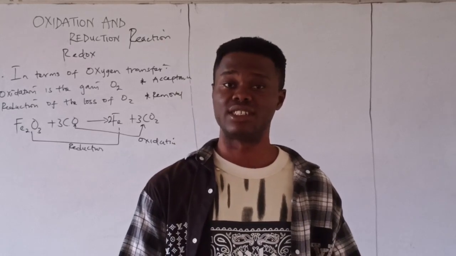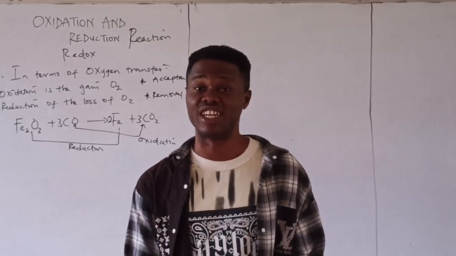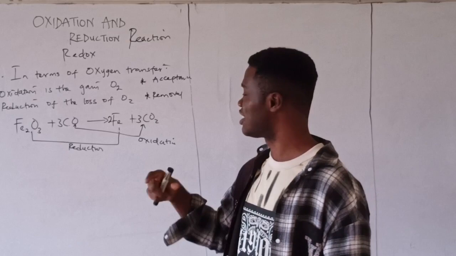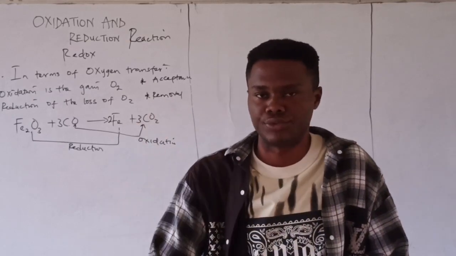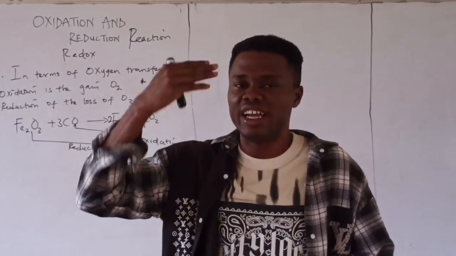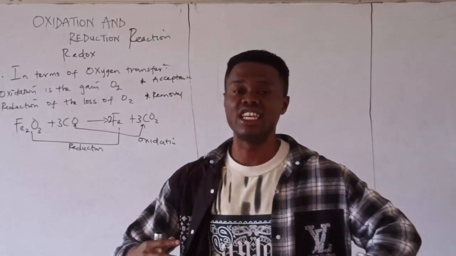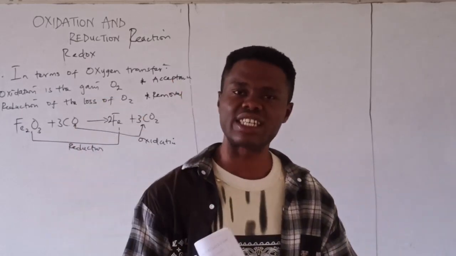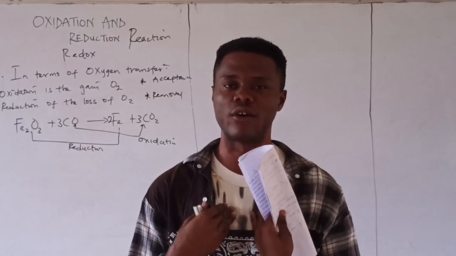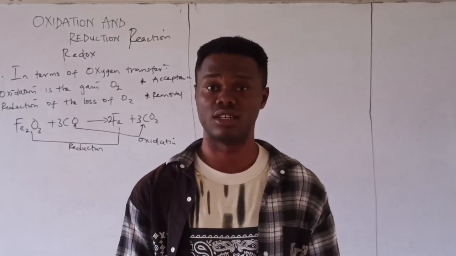An oxidizing agent is an agent that oxidizes another compound, but itself gets reduced. While a reducing agent is an agent that reduces another substance, but itself gets oxidized. Right?